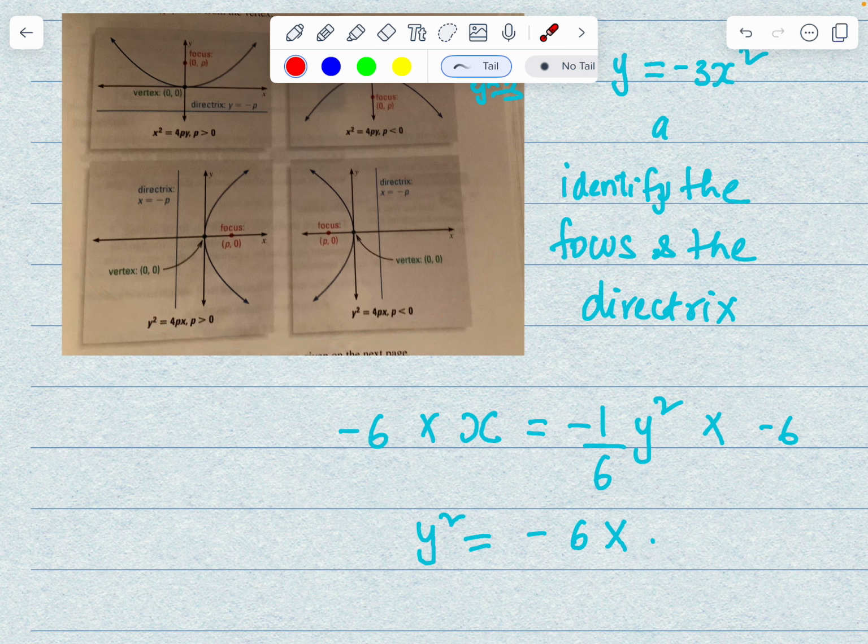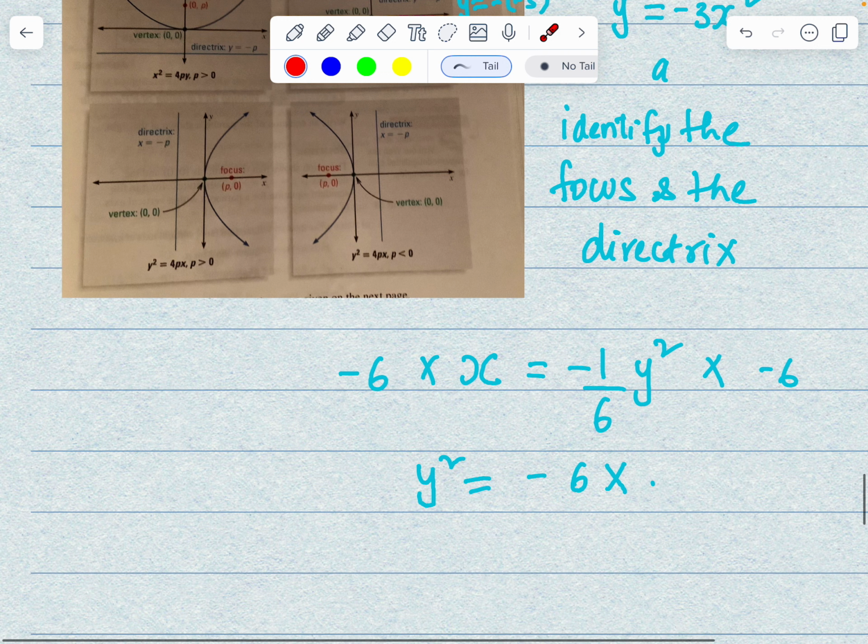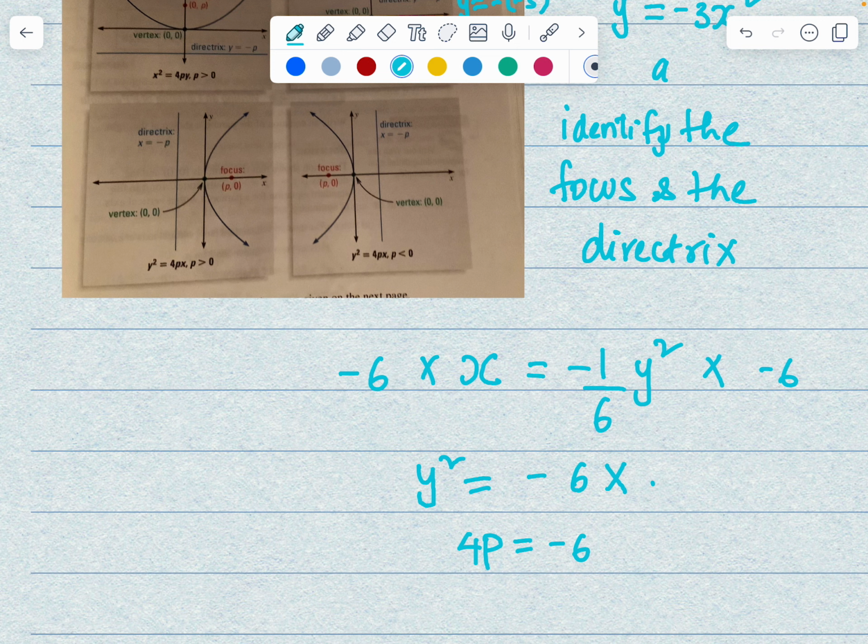When you have y squared is equal to 4px, we can say that 4p is equal to -6. Okay, so you know that p is equal to -6/4, which is -3/2.